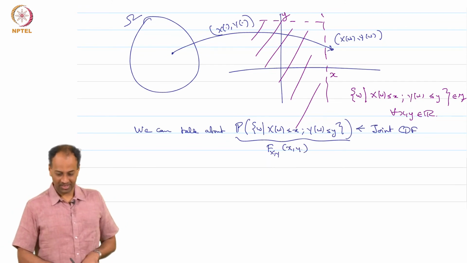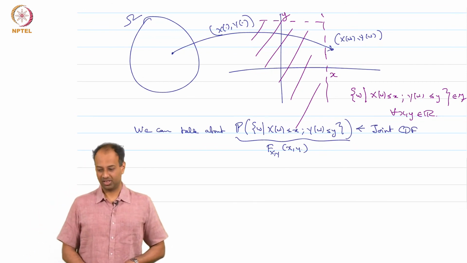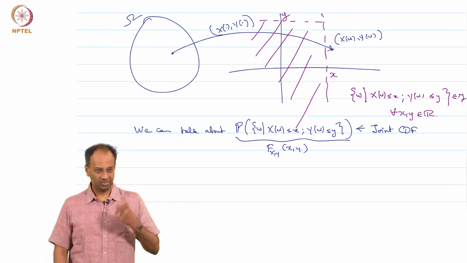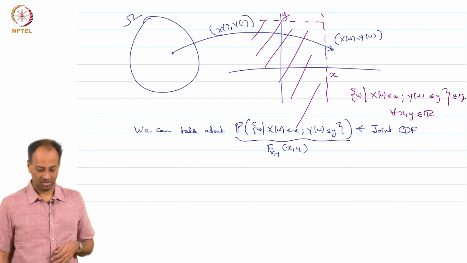Always use big letters for the names of the random variables and small letters for the specific realizations, the real values that they take. Please do not interchange this.